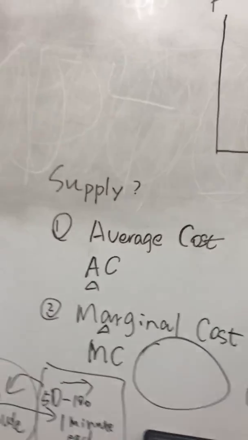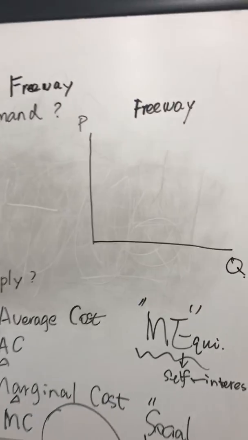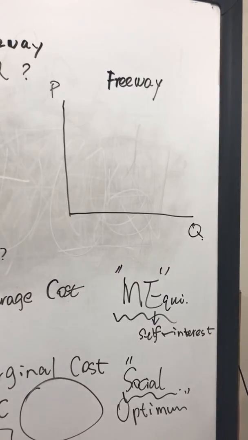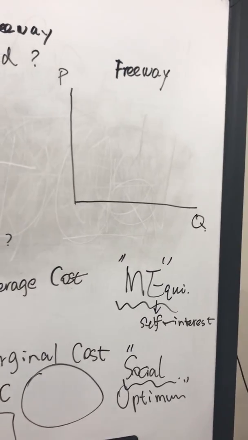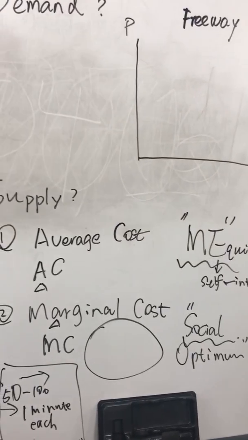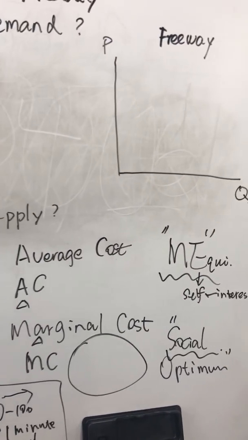Okay, so let's go back. In our graph, we need to think about the supply side. The supply side of the freeway usage will be given by two cost curves. The first one is called average cost.